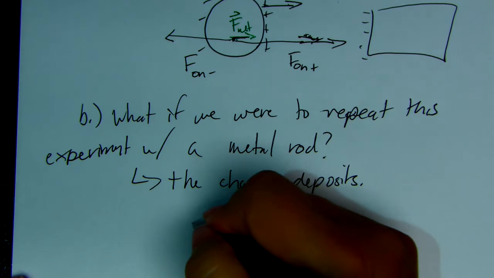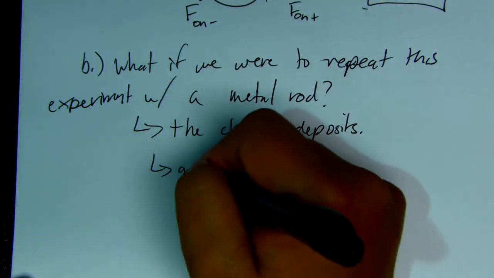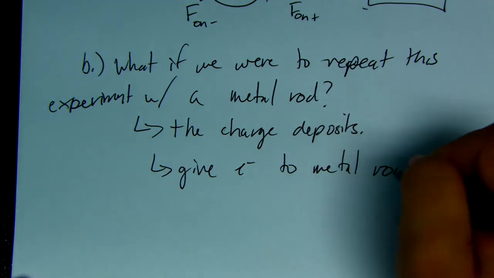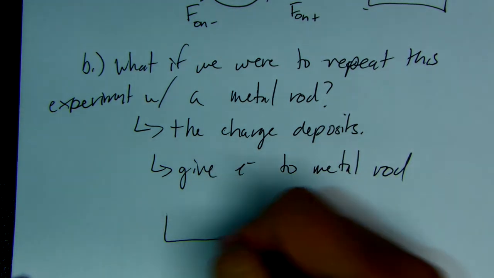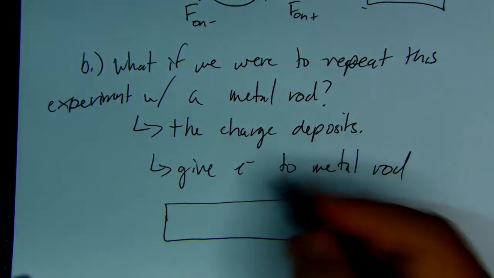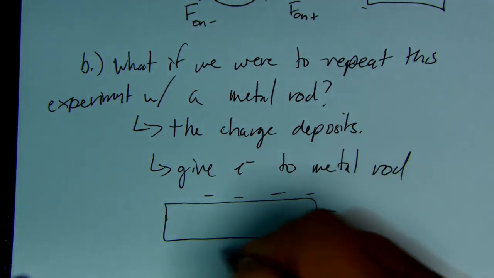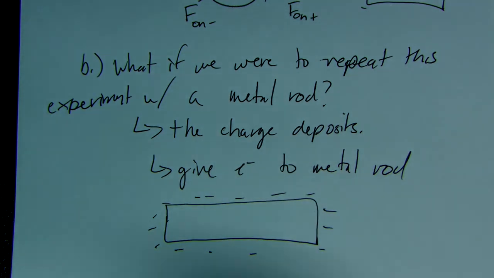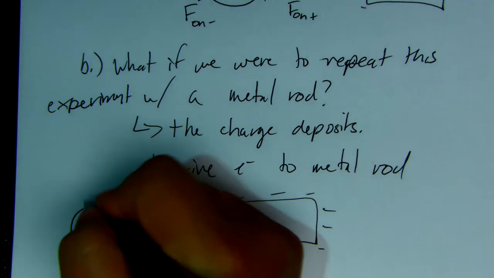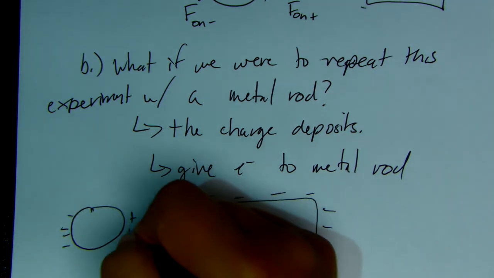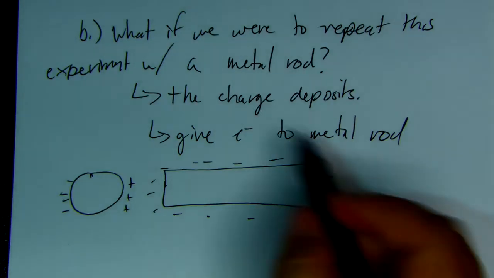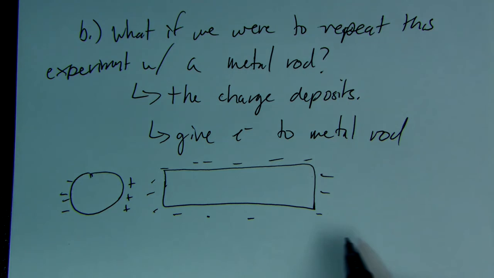We charge up our metal rod, so we give electrons to the metal rod. And remember, these electrons are free to move. So it would become negatively charged, but these charges would go directly towards the surface. This is a metal, and so the charge wants to go to the surface. And then we're going to have our ball over here, and the result of these negative charges is going to polarize that metal ball.